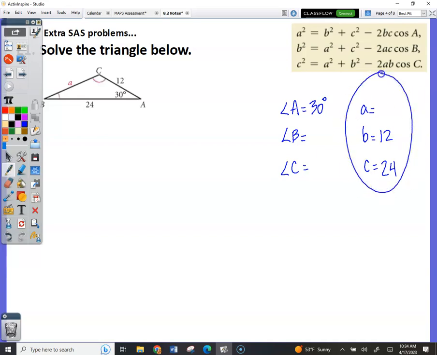I know the most about the sides here, so that would tell me I'm going to find side A first. So, set it up. Go to your formula, which I have copied here. If you're finding side A, you can see there's the formula right there.